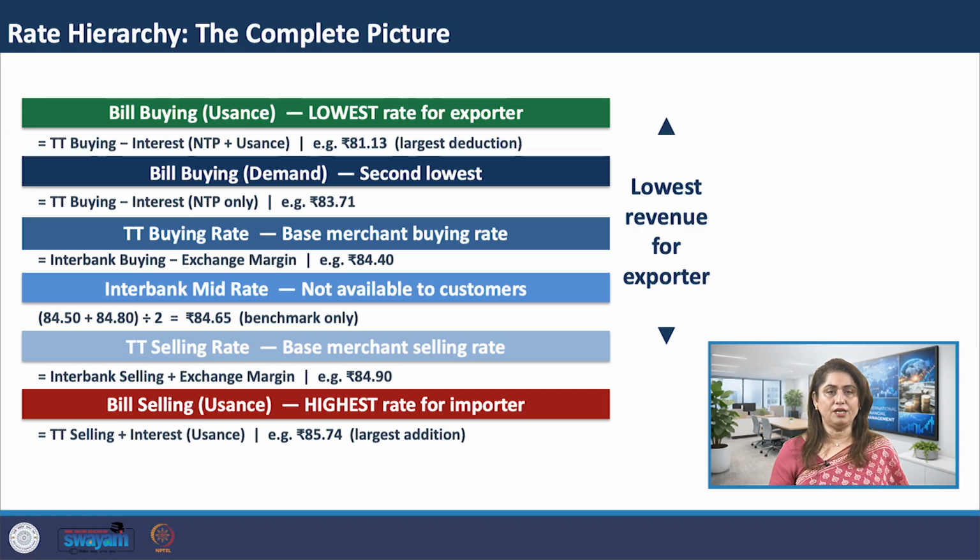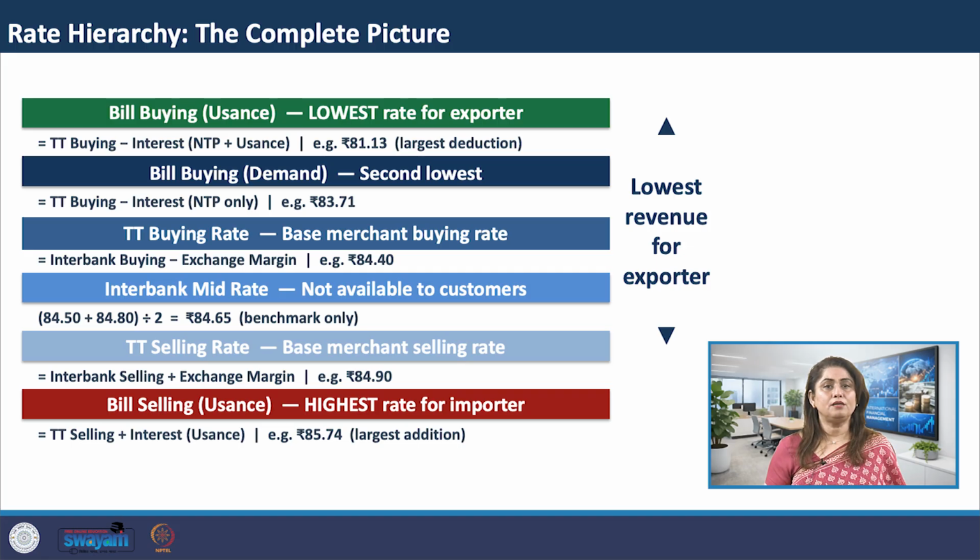Then after that, we have the TT selling rate, which is the base selling rate for the importer. Bill selling usance, which is the highest, is TT selling plus usance interest. The importer pays the most.